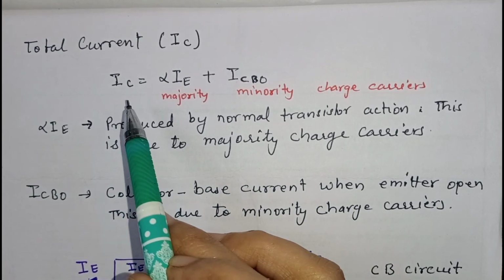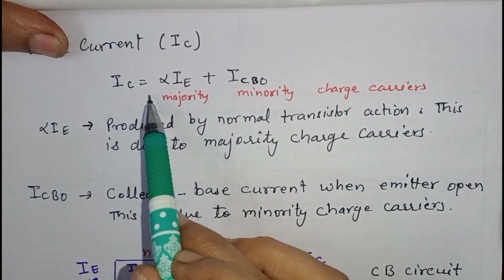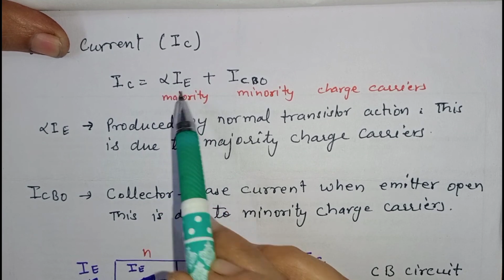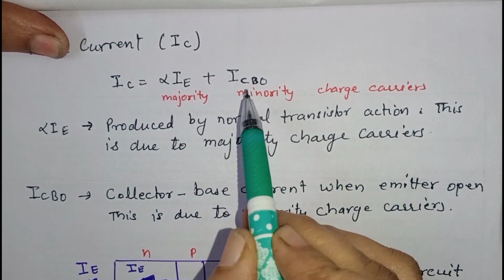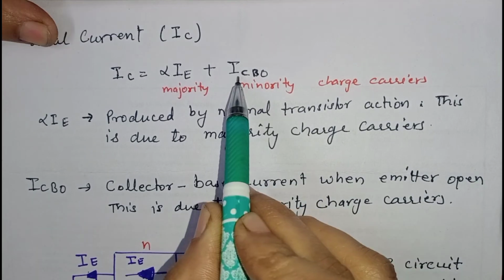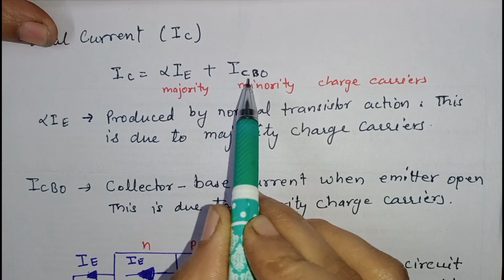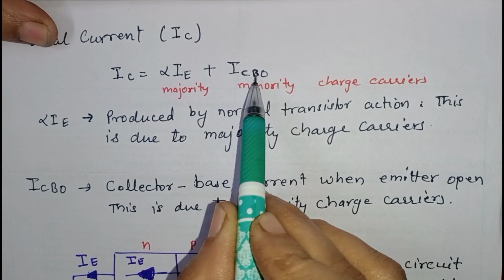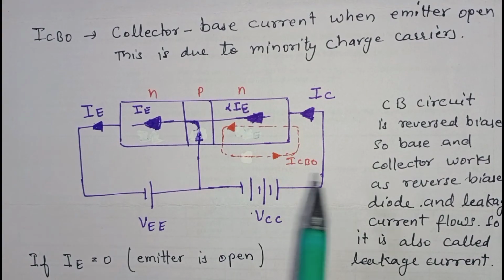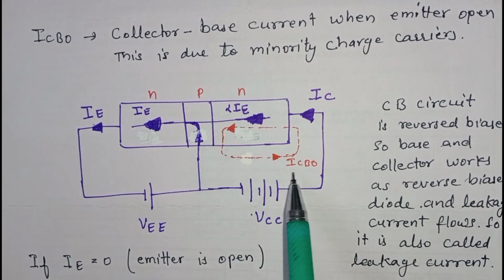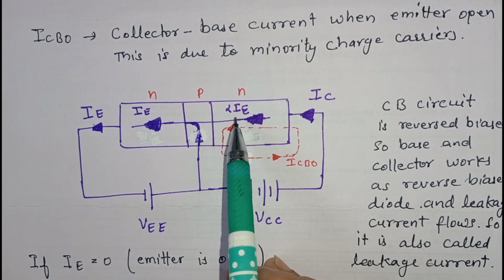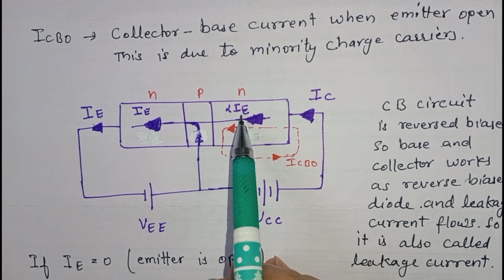The complete equation for the output current IC is alpha IE, this current is due to only majority charge carriers, plus ICBO, and this current is due to the flow of minority charge carriers. Here we have used the subscript ICBO. This is the collector base current when the emitter is open. Now we'll see how this current ICBO flows in the circuit and is added to alpha IE, the current due to majority charge carriers.